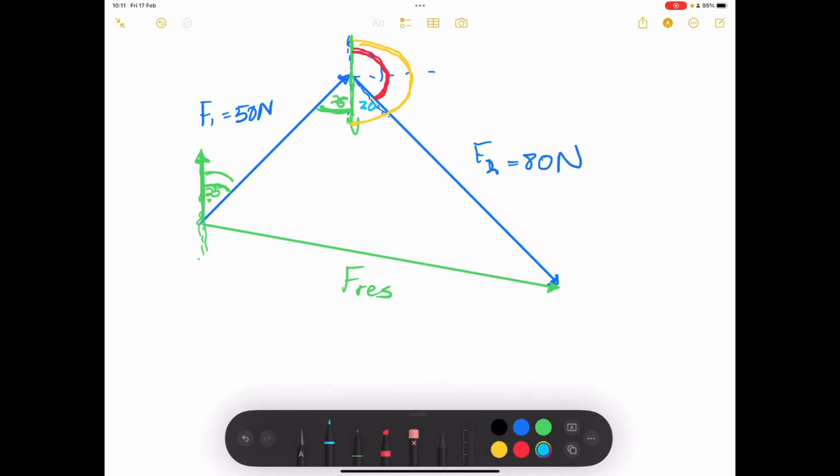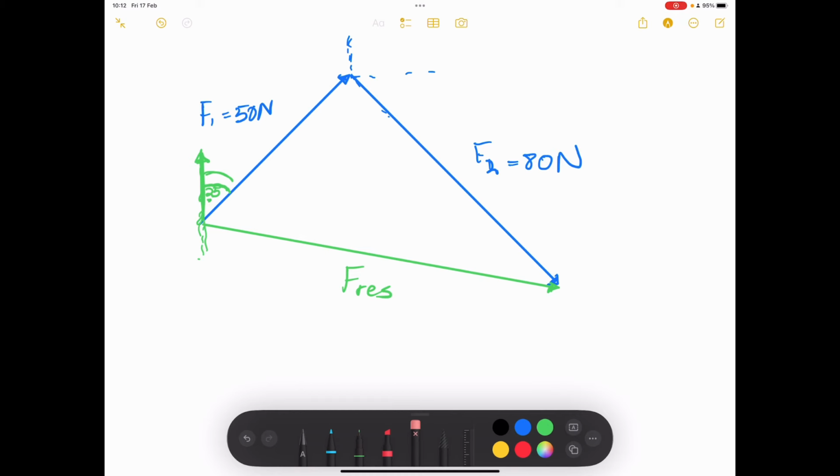Now, in total, that means that in this drawing I've got an angle of 25 as well as an angle of 20 degrees, trying to make it as neat as possible.